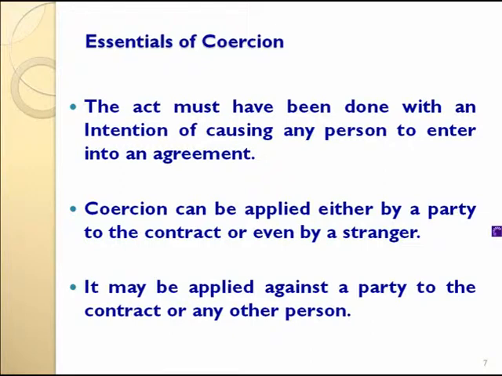Point number 3 specifies that A can do it against B as well as against any relative or close person of B, to induce B to give his consent. So coercion can be done by a party or a stranger, and can be applied against the party as well as a stranger, in both cases.